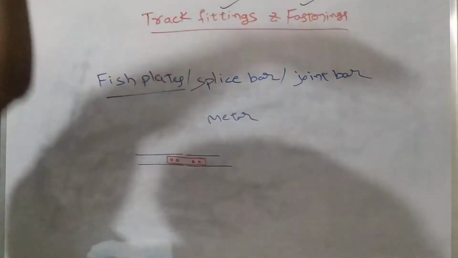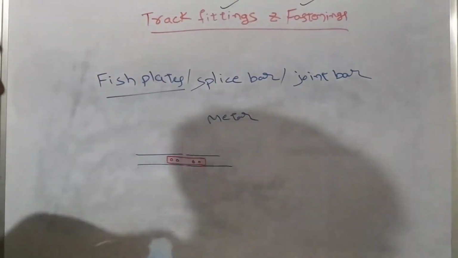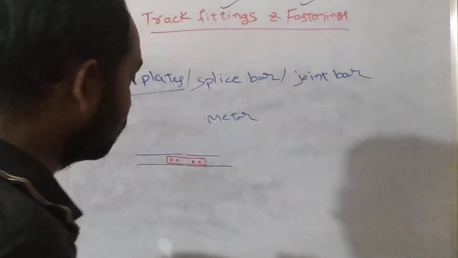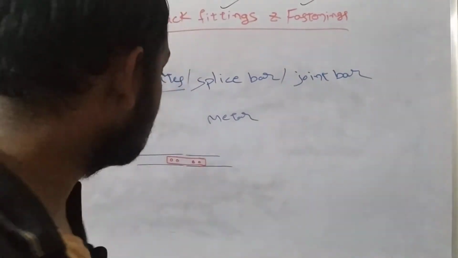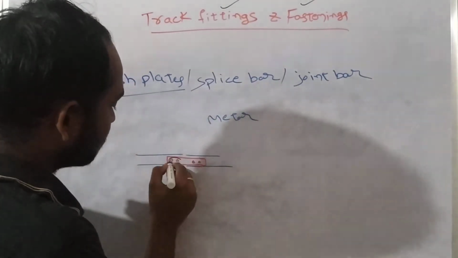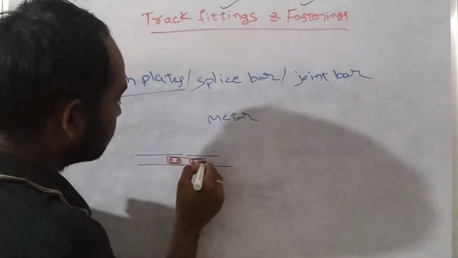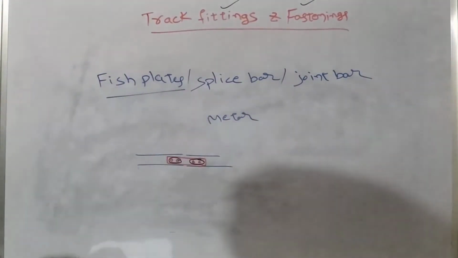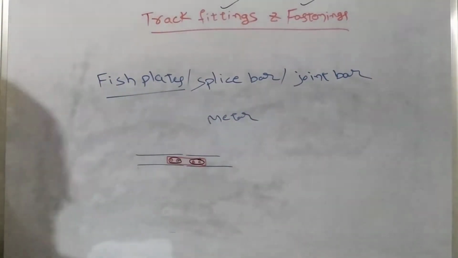One more thing we should remember is that the holes we provide for bolts should not be circular. They should be in elliptical or oval shape. Like that we can join two rails together.